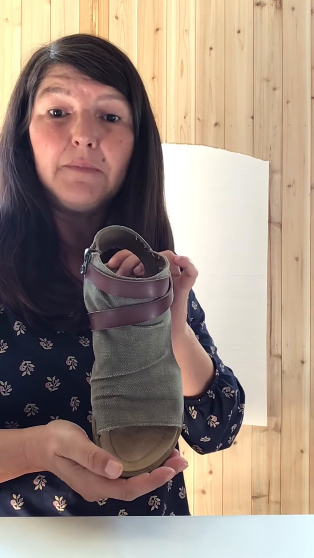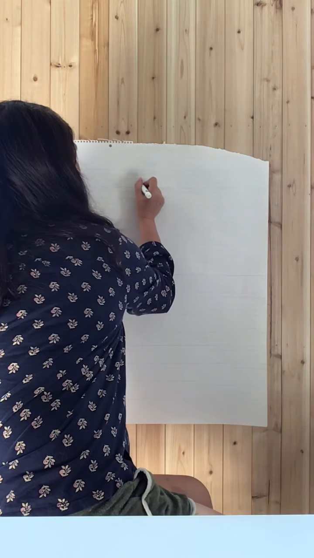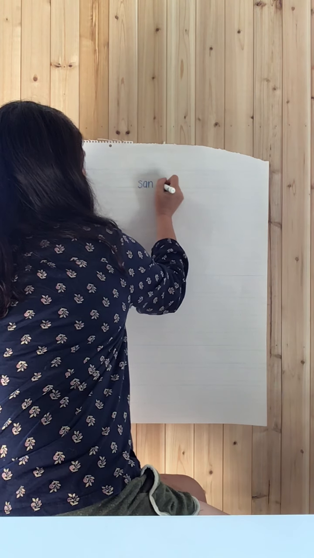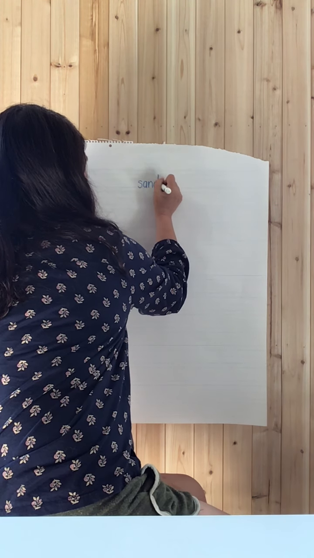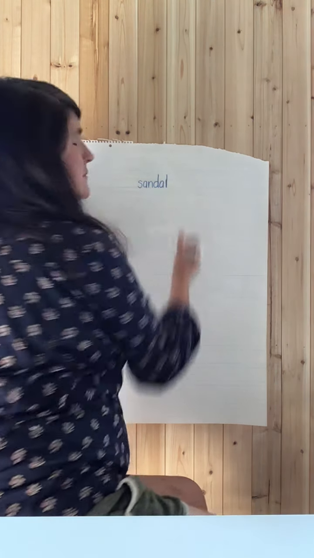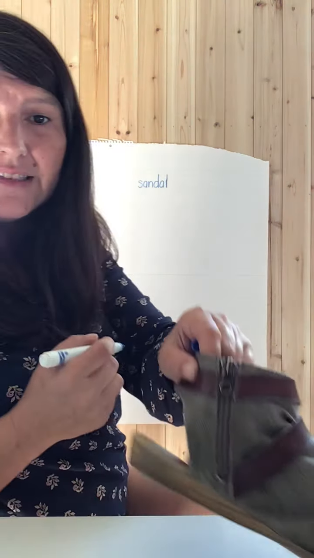Now, when I look at my shoe, I can see that it is a sandal. So I'm going to go ahead and write the attributes. It's a sandal. I also noticed that it has a zipper.